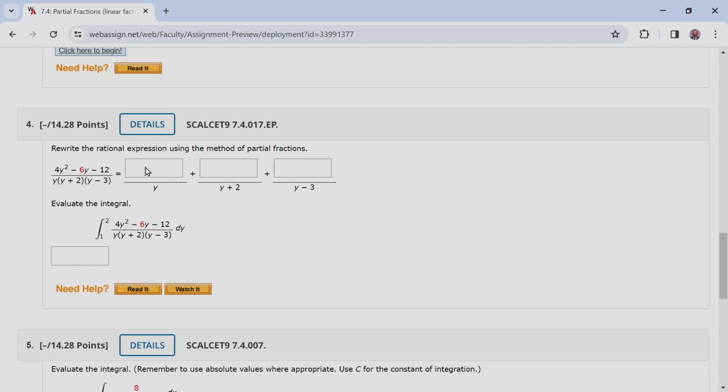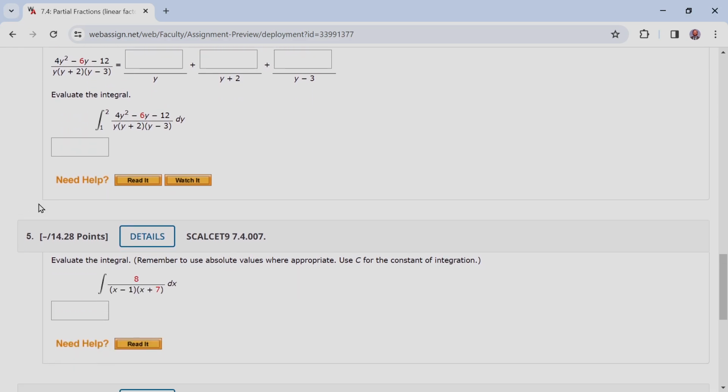Because whatever this number is up here, you've got ln y times that number. Whatever the number is up here, you've got ln y plus 2 times that number. And whatever the number is up here, you've got ln y minus 3 times that number. After I get the capital F function is probably whenever I'm worrying about the bounds here, plugging in 2 and plugging in 1. The bounds are basically an annoyance, but it gets down to a single number, which I guess WebAssign prefers over a giant algebraic expression.